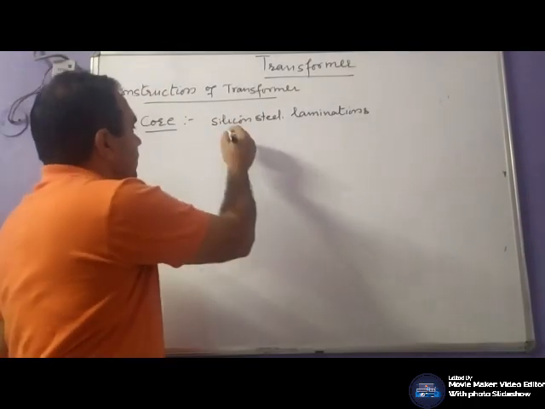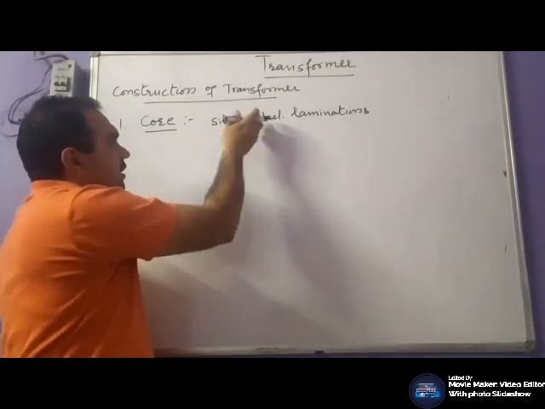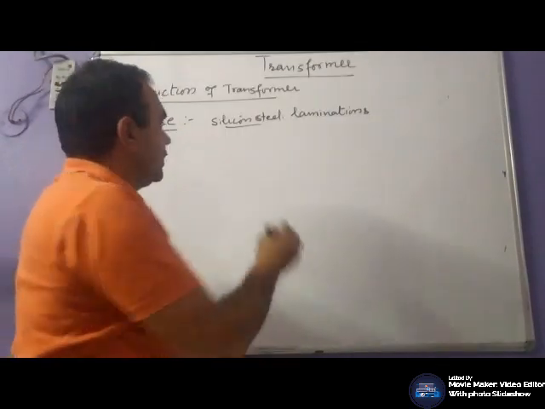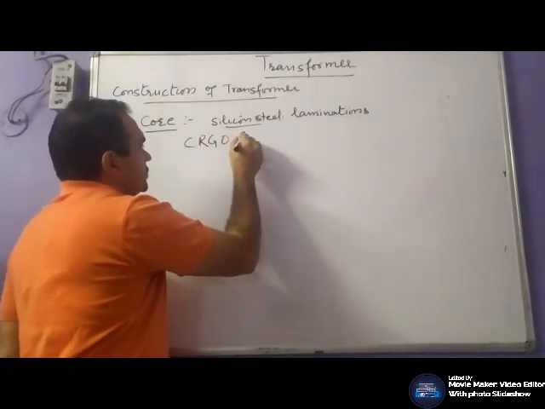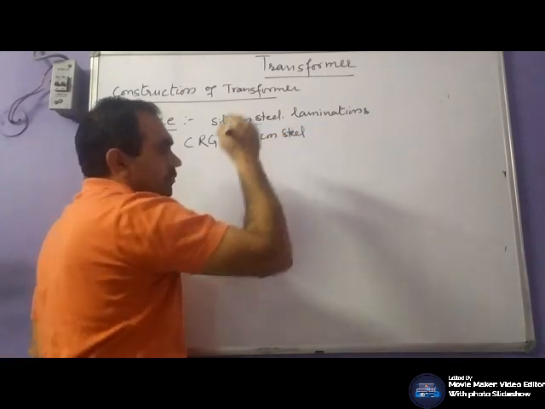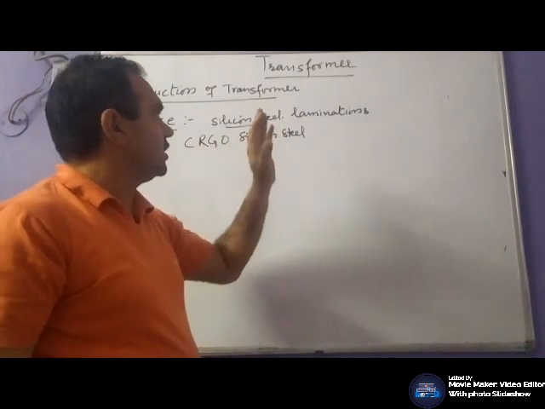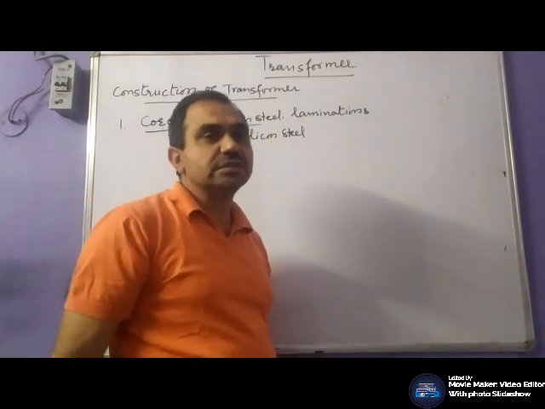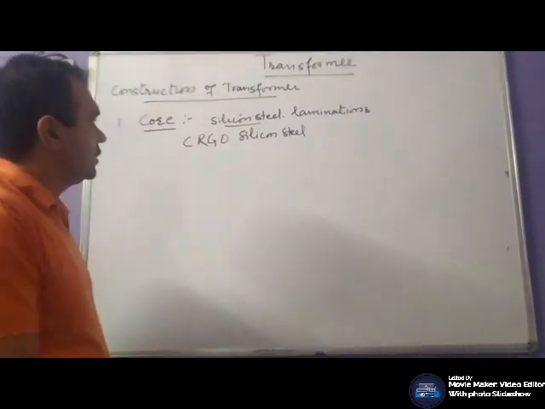So here in silicon steel, to reduce loss or to increase its permeability, heat treatment is made, and that is called CRGO, cold rolled grain oriented silicon steel, so that the hysteresis loss can be minimized in the metal.